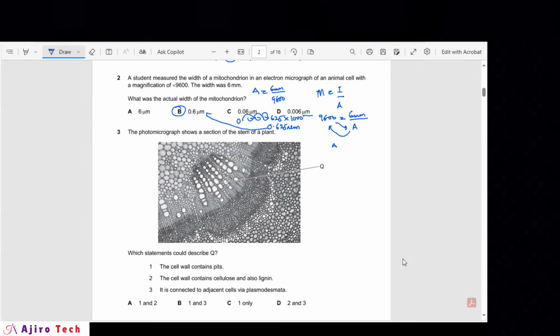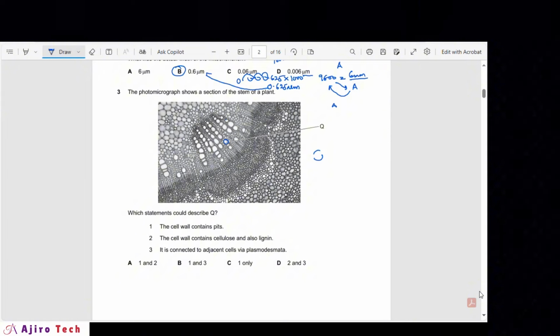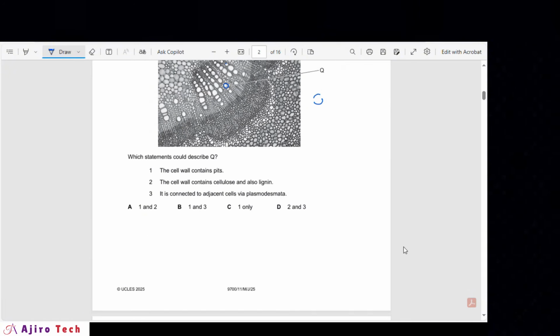The photomicrograph shows a section of the stem of a plant. Okay, so this is the transverse section of the stem of a plant, showing the vascular bundle, where you see the xylem. And remember that xylem has pectin, which was originally in the plasmodesmata in the young xylem.